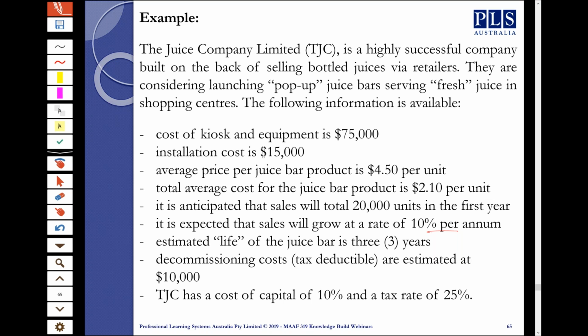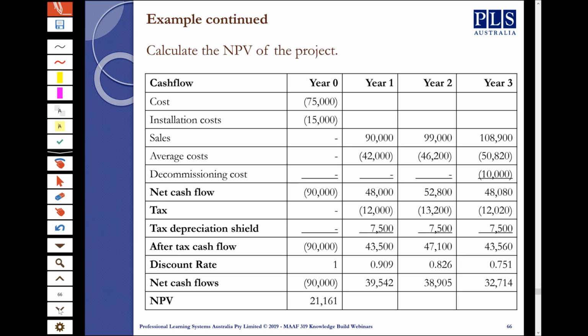Now, basically what this would tell me is that those numbers there are going to be your year zero numbers. Your sales and your costs that you are being told about through this area here will be your year 1 through 3 number. So as I just briefly construct, note how I've got the logic coming through of my cost and my installation costs.